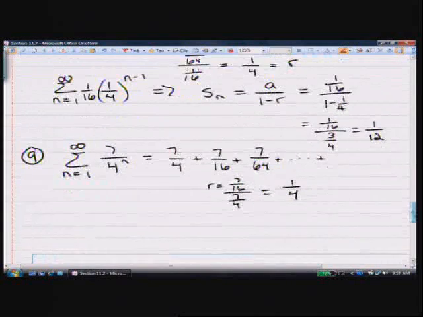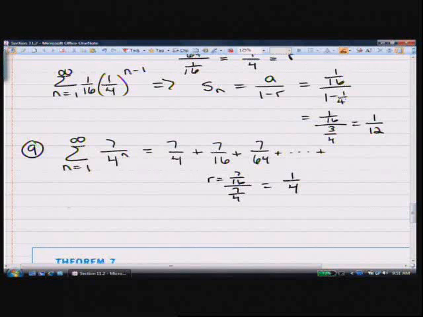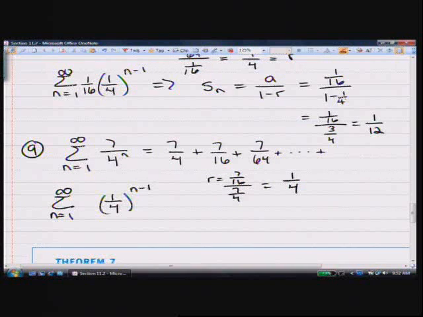Well, if R is 1/4, then what does A have to be? 7/4. Let's see. If we want to go n from 1 to infinity, remember, we want this to be to the n minus 1 in the formula. So what does this have to be?